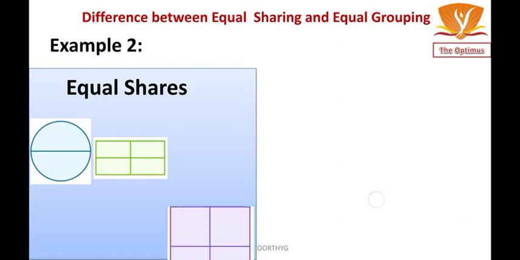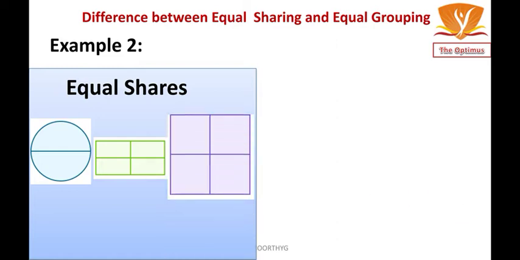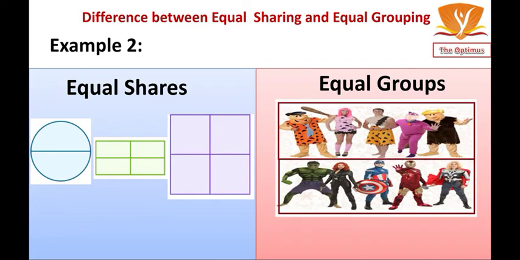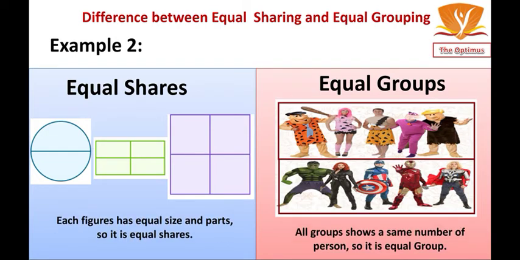The third figure shows a square with 4 equal parts. That means each figure has equal size and parts. So it is equal shares. On the right hand side, we have 2 groups. Each group has 5 members but different persons. Therefore, all groups show the same number of persons. So it is equal groups.